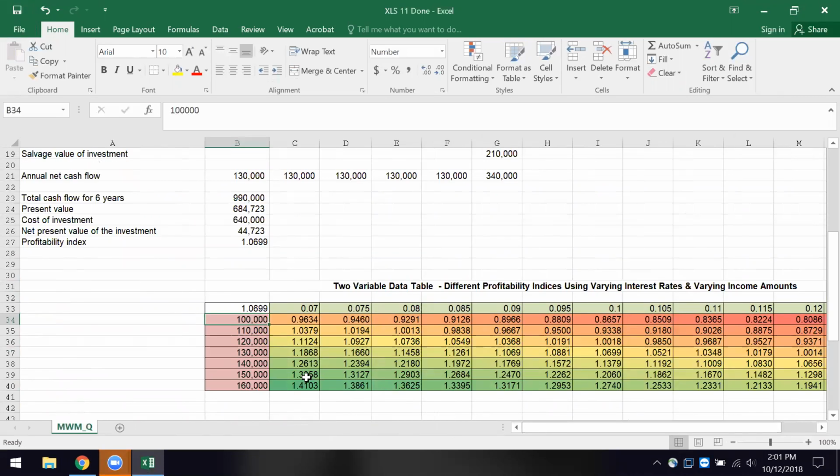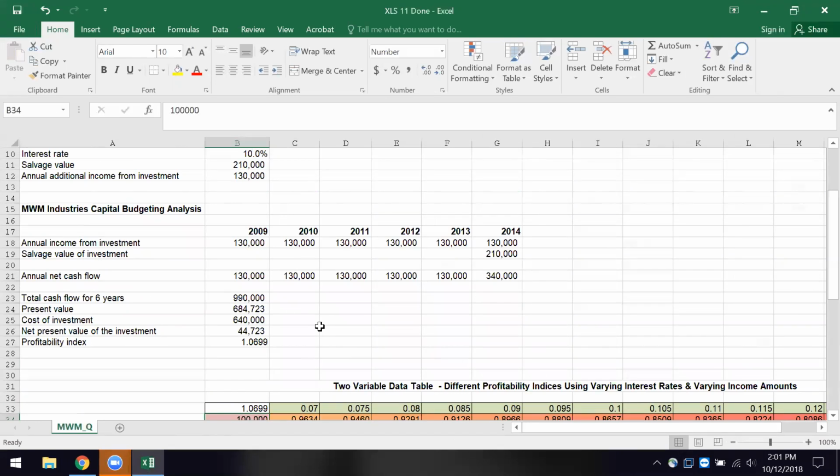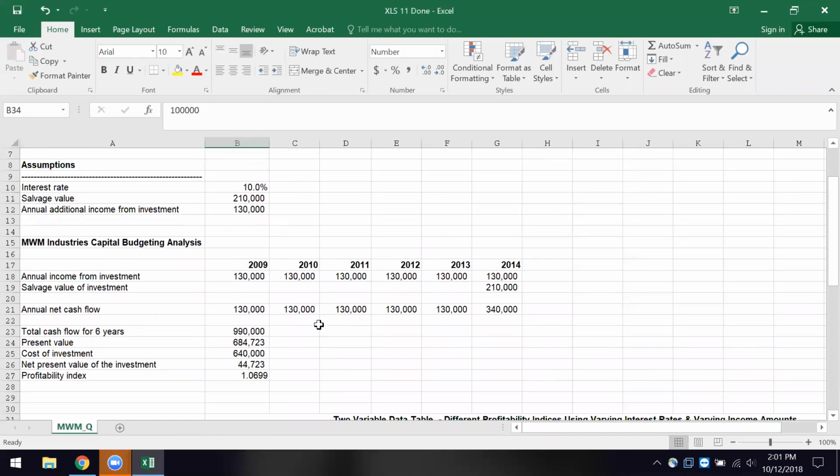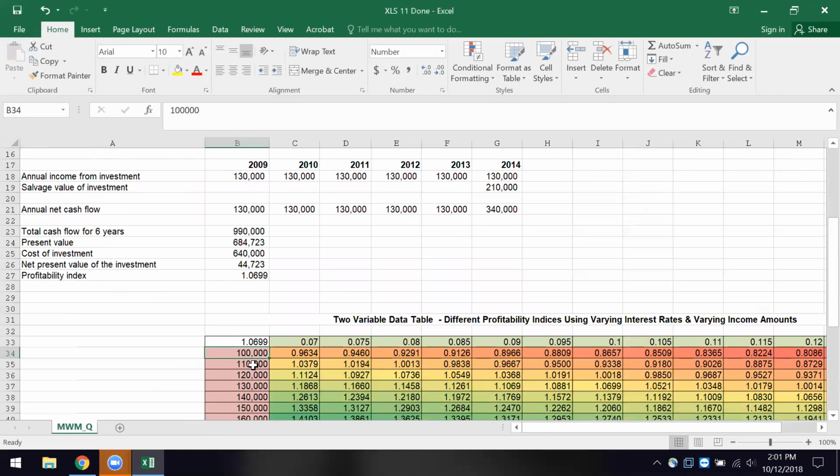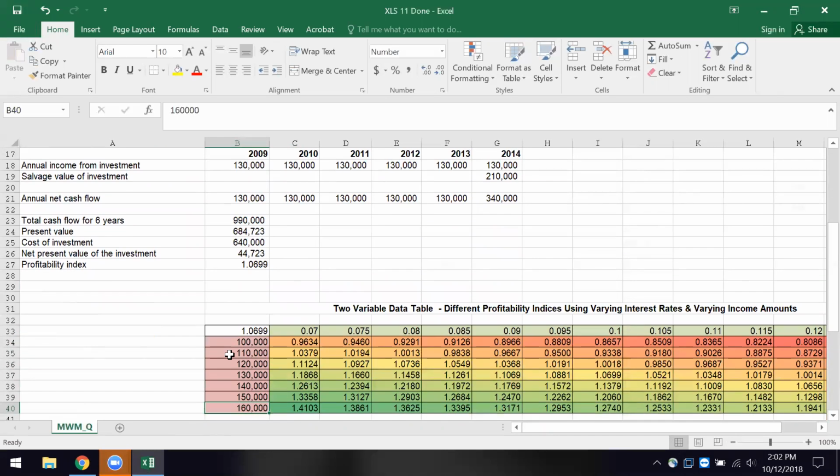Let me see, yeah, the additional annual income from the investment, I'm sorry. Given these different levels of annual income, possible values of annual income. So here we have these different possible values of interest rates or discount rate. And here we have the possible continuum of annual income. And we say, okay, well, what does it look like?